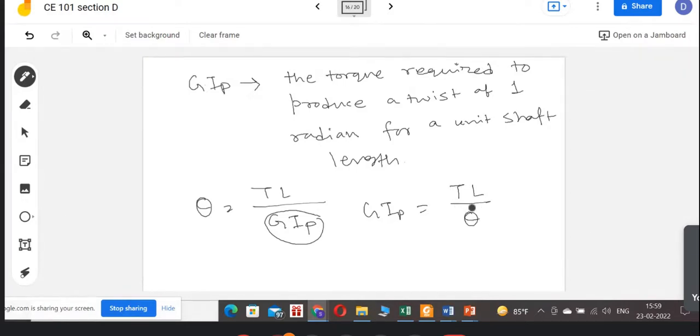So if we want to produce a twist of 1 radian for a unit shaft length of 1 meter, then this torsional rigidity will directly give this T. So if this theta value is 1, L value is 1, this GIP is equal to T. That's what it is said, that it is the torque required to produce a twist of 1 radian for a unit shaft length. So this is the definition from this term.